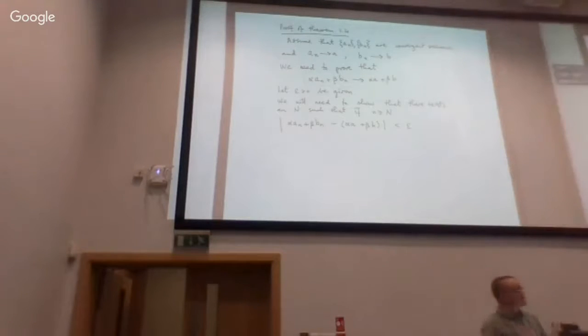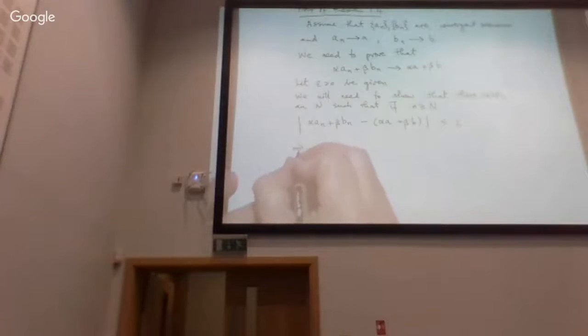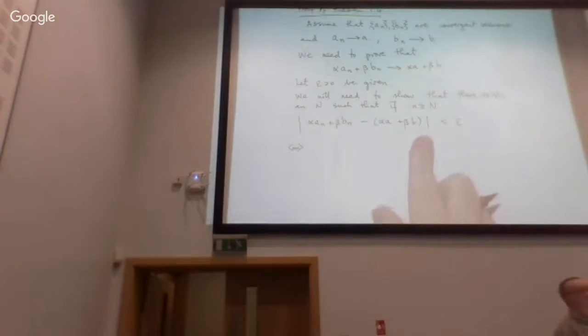Okay, so how are we going to do it? How are we going to find the point after which this inequality is true? At the moment, what's inside the modulus here is all the a's and b's mixed up. So we can re-express this absolute value first.